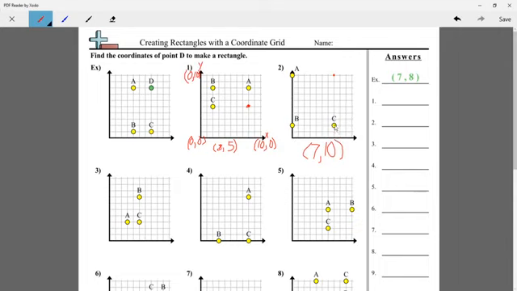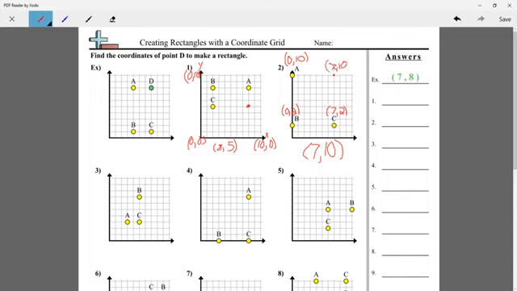Now C would be 7, 2. B would be 0, 2. And then A would be 0, 10. Okay? And this one, as we said, was 7, 10.